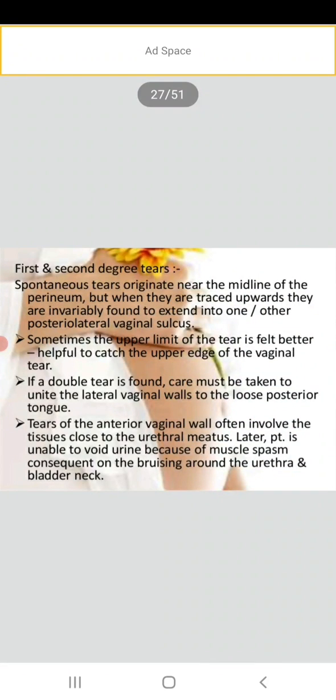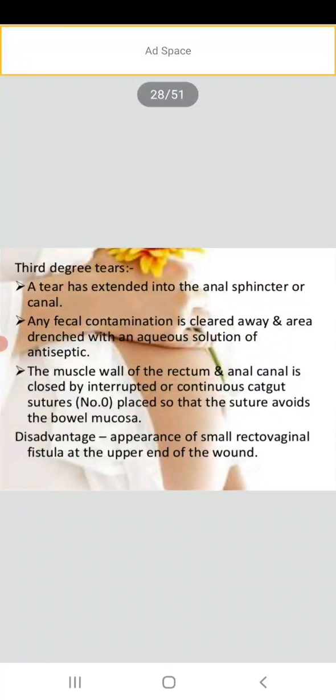If a double tear is found, care must be taken to unite the lateral vaginal walls to lose the posterior tongue. Tears of the anterior vaginal wall often involve the tissues close to the urethral meatus. Later, the patient is unable to void urine because of the muscle spasm consequent on the bruising around the urethra and bladder neck.